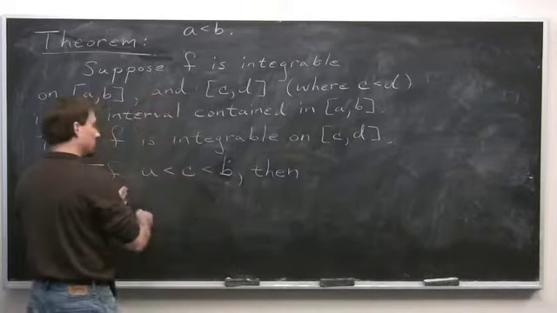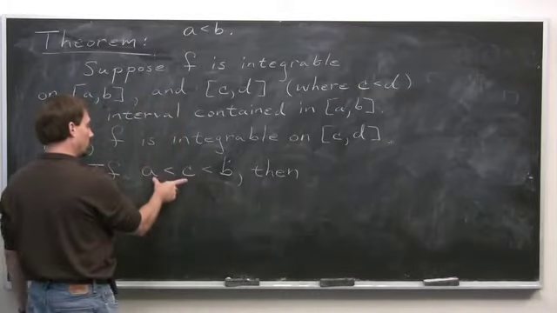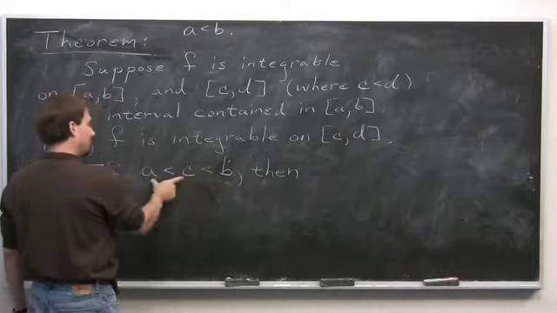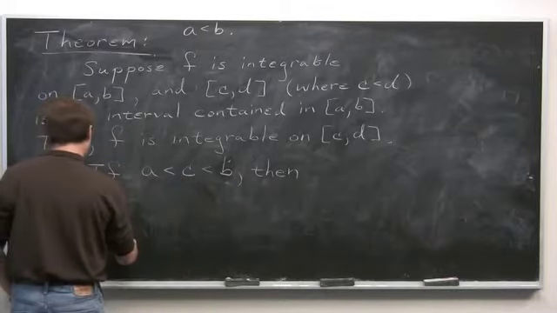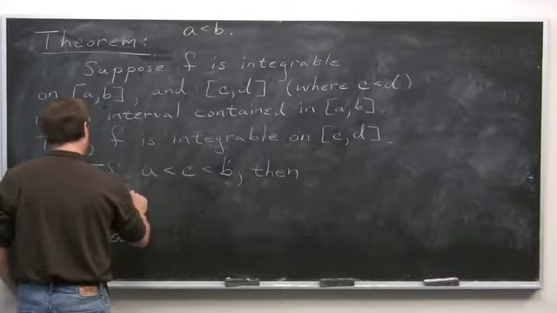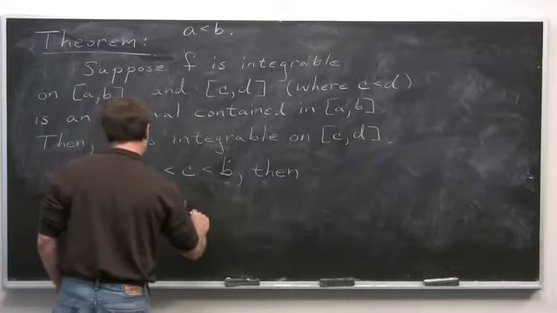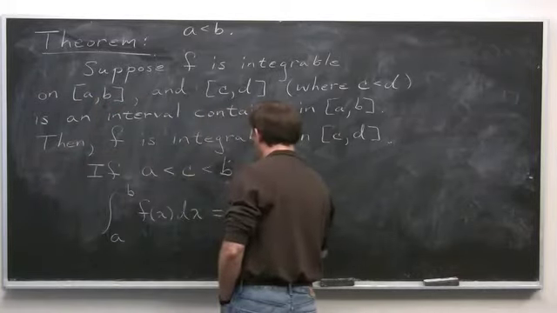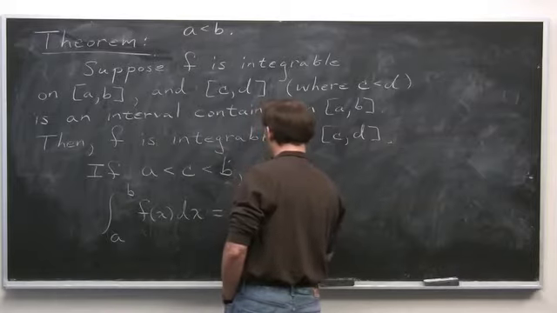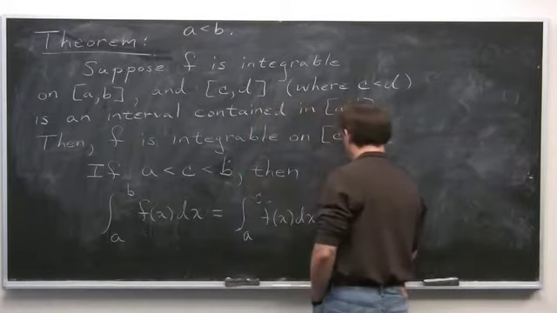Is there any relation between the integral on the interval from a to b and those on a to c and c to b? The answer is yes. And you might be able to guess this too. Then the integral from a to b of f of x dx, you can split that up. You can first go from a to c and then go from c to b.